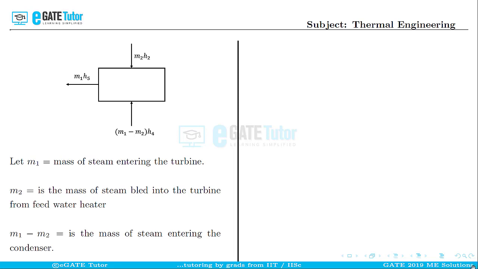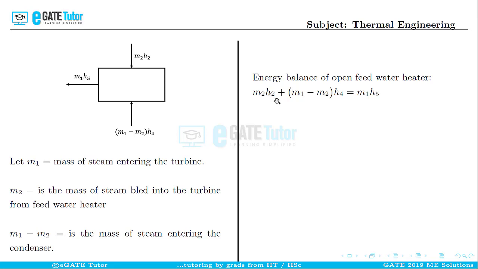Therefore, when we look at the open feed water heater and consider the energy balance of this feed water heater, we get M2H2, which is coming into the feed water heater, plus (M1 minus M2) into H4, which is again coming into the feed water heater. That should be equal to M1 into H5. We know that H2 is the specific enthalpy of steam at state 2.